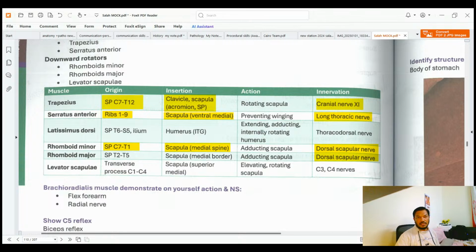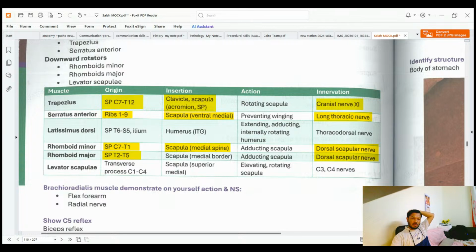Trapezius, serratus anterior, rhomboid major, minor, and levator scapulae. Rhomboid major is from spinous process of thoracic 2 to thoracic 5.